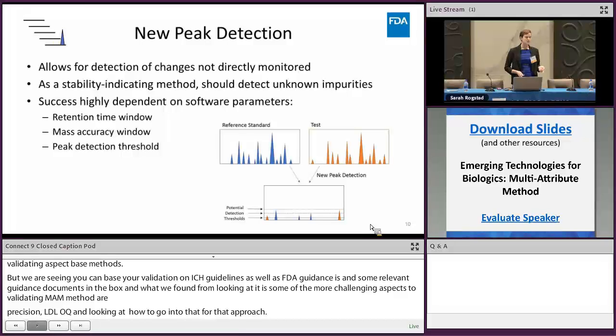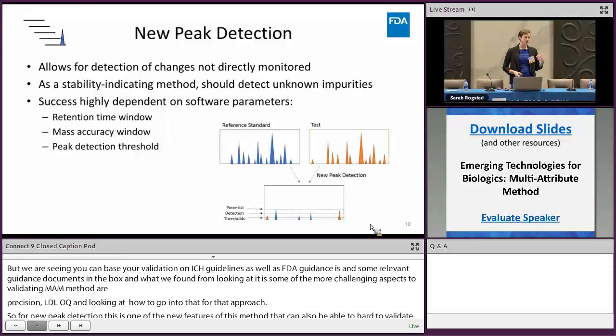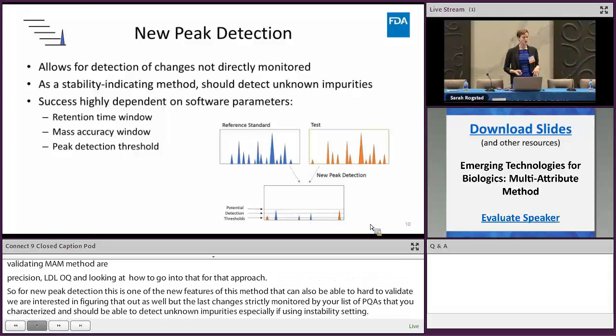What we've found with new peak detection is that it's really highly dependent on software parameters. So what software you're using for this comparison is critical, as well as certain parameters that you put into the software: what retention time window you're using, what mass accuracy window, and what the peak detection threshold is.